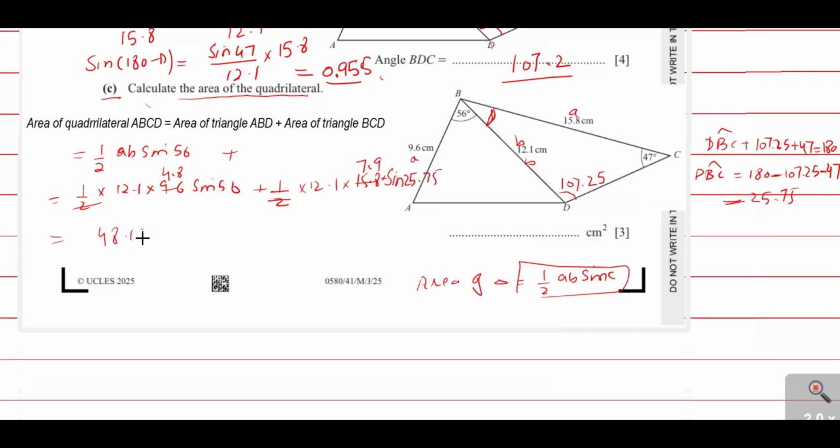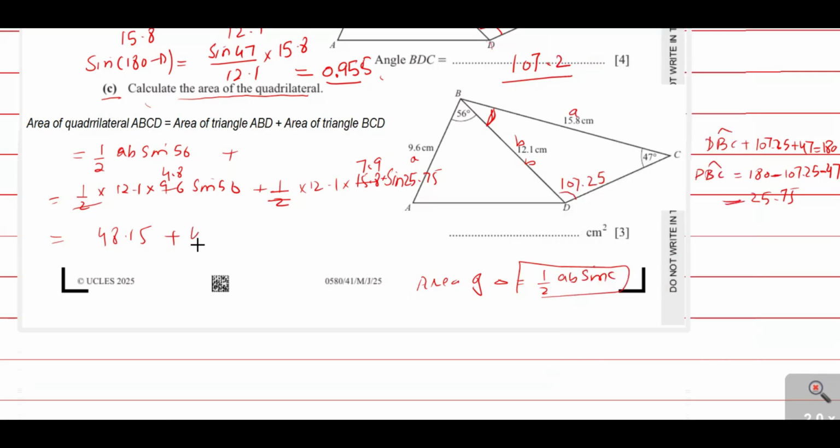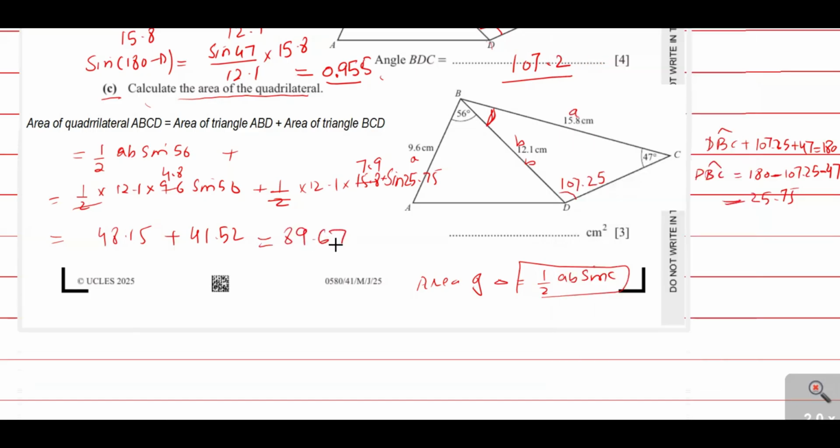And the next value, we can calculate 12.1 multiplied by 7.9 multiplied by sine 25.75. This value equals 41.52. And we will add this value, 48.15 plus 41.52, which will be equal to 89.67. This is the total area of this quadrilateral.